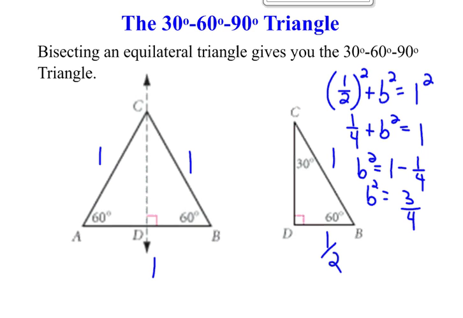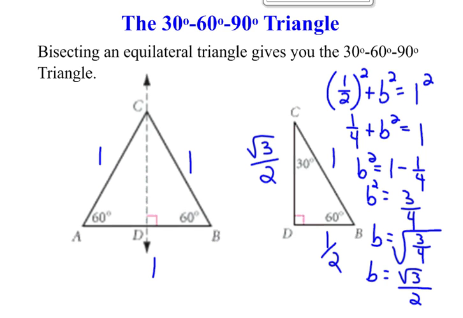Now take the square root of both sides and we get b equals the square root of 3/4, which will be the square root of 3 over 2. Right? Because the square root of 4 is 2. So our other leg here is the square root of 3 over 2, which could also be thought of as 1/2 times the square root of 3.